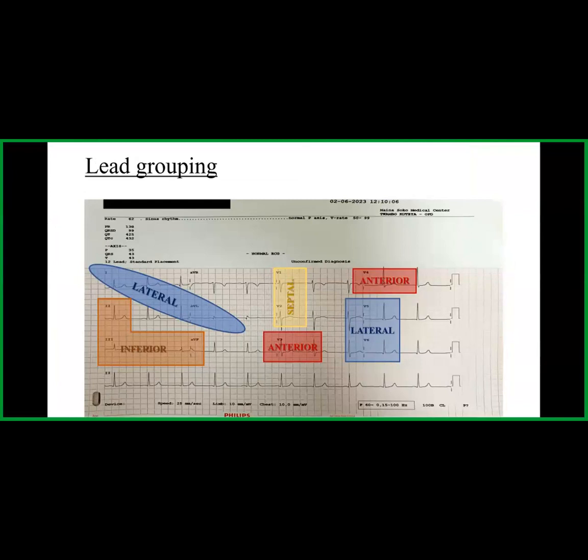We also have leads that look at it from an inferior point of view, which are lead 2, lead 3, and lead AVF. We also have V1 and V2, which will look at the septum.